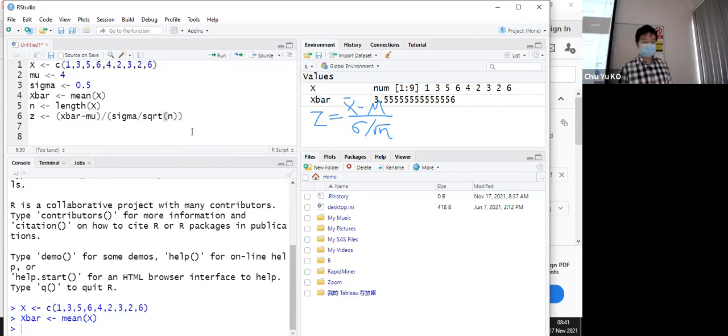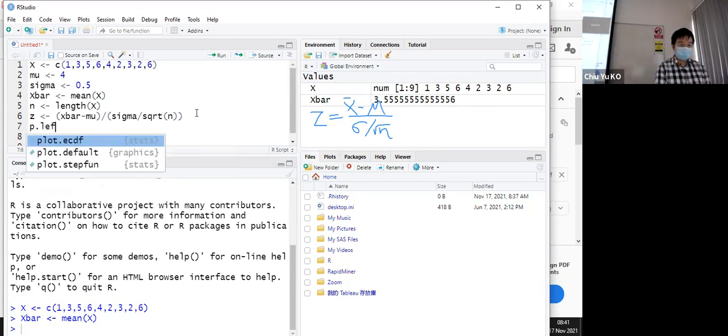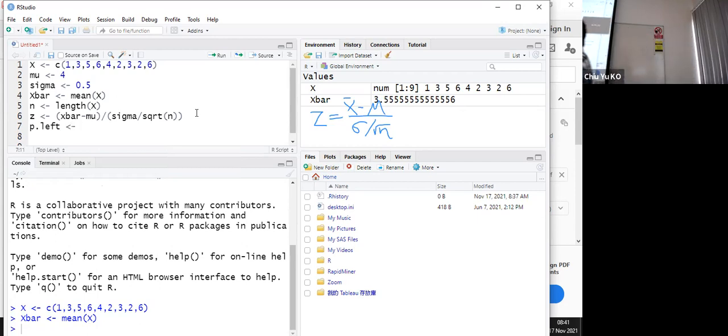Suppose we want to do the p-value of the left tail first. We call it p dot left. What is p dot left?